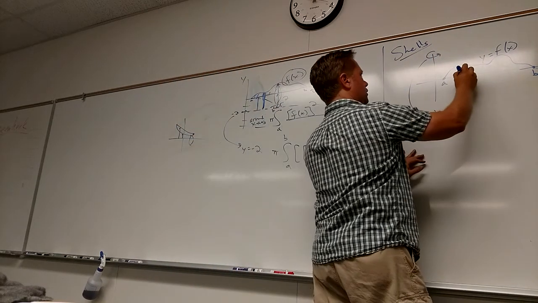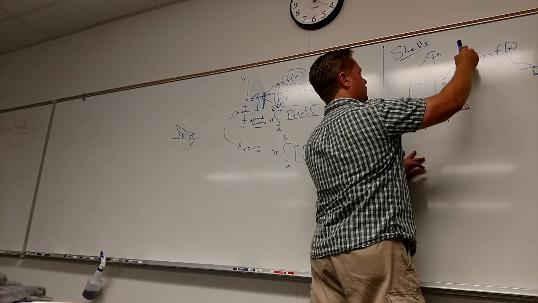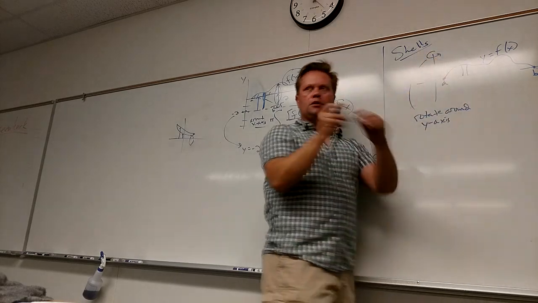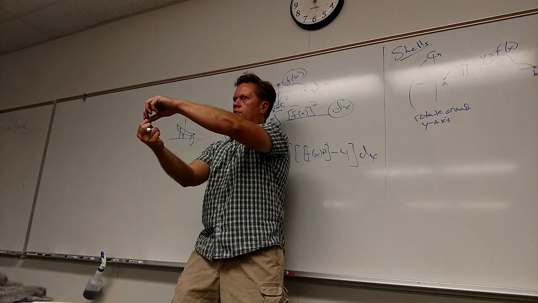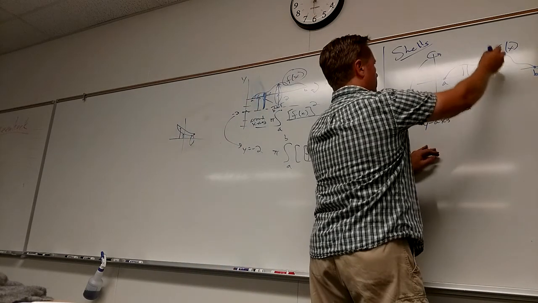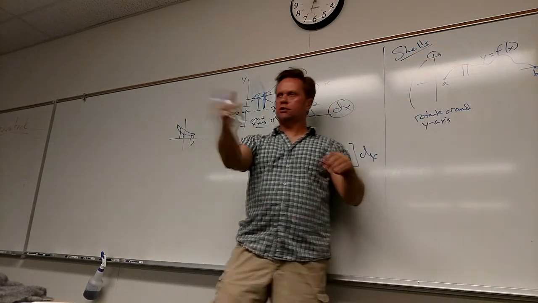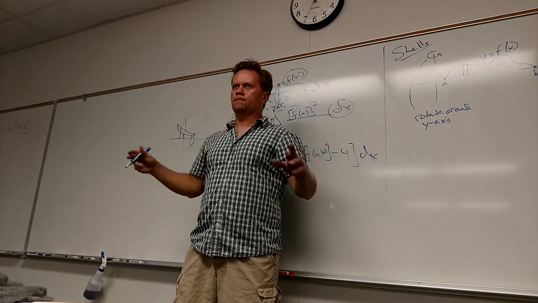So here's a representative rectangle because I'm going to rotate that around to make that chunk of the shape. And then I'm going to add the next one over, the next one over. I'm going to add those chunks together to get the whole volume.